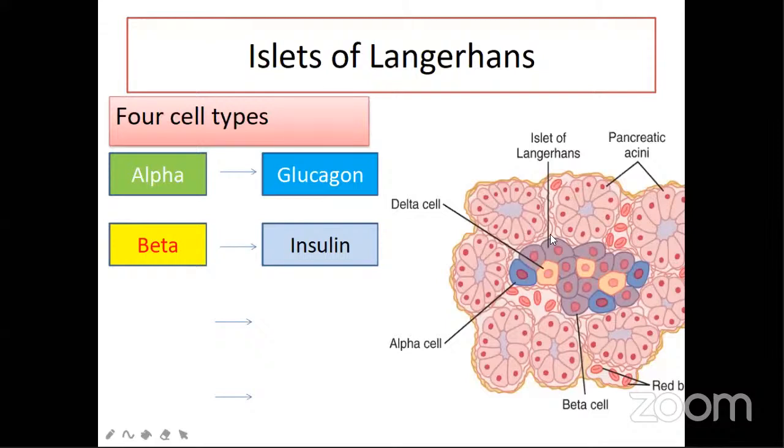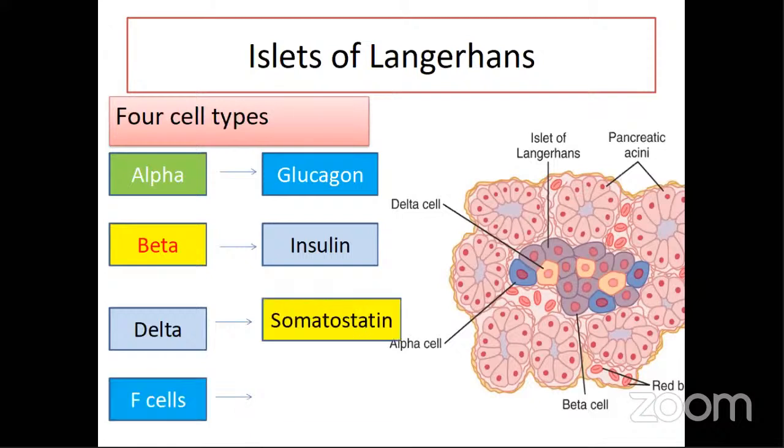And you have the delta cells, which secrete somatostatin, and the F cells which secrete pancreatic polypeptide. Along with that, other substances like amylin are also released from the endocrine pancreas. But these are the 4 major cell types and the 4 major hormones produced from the islets of Langerhans.